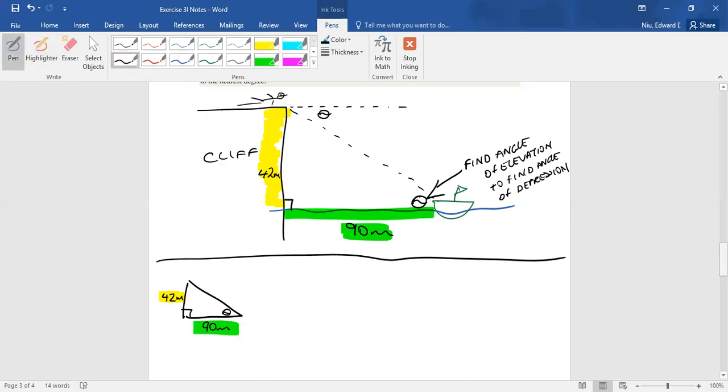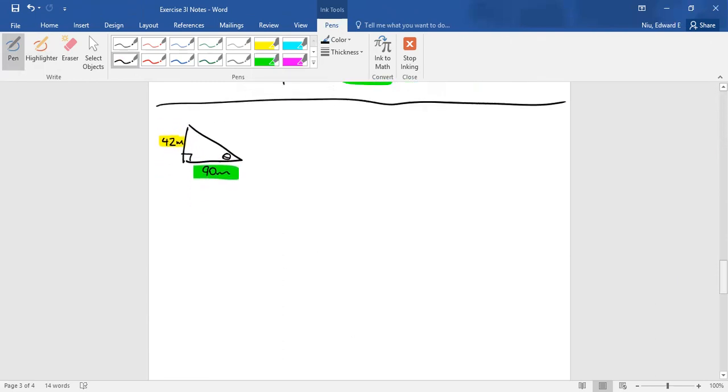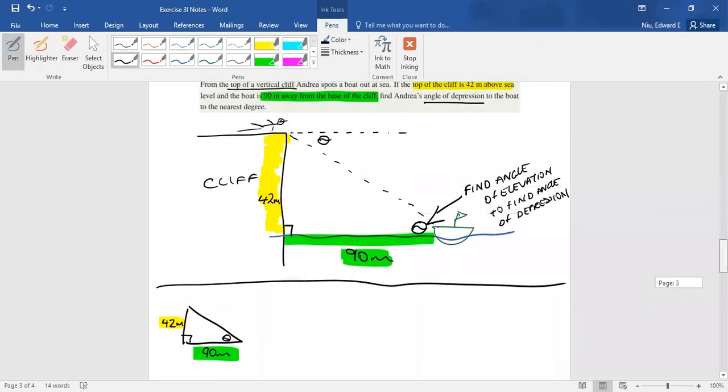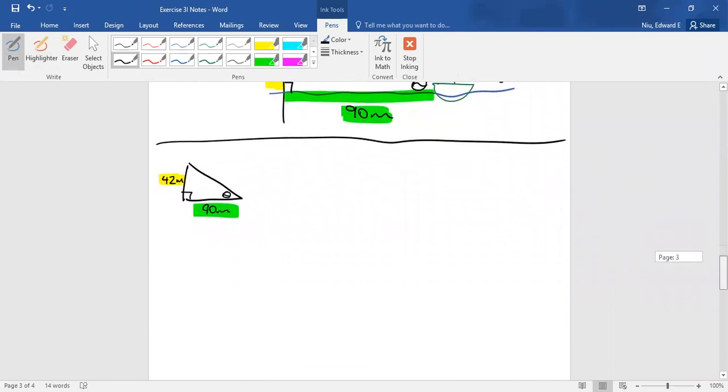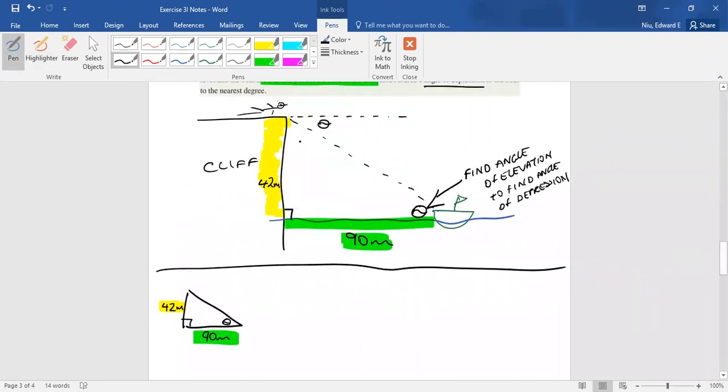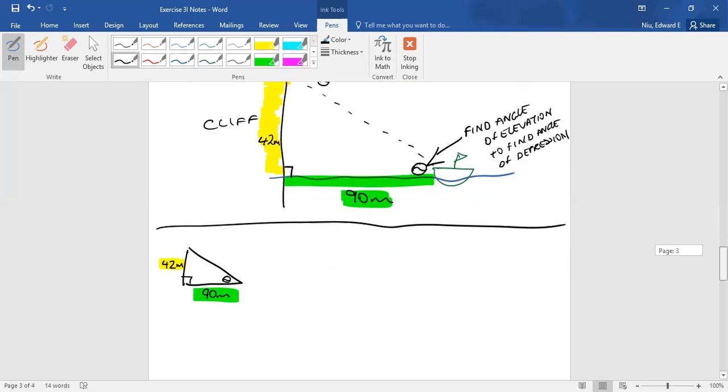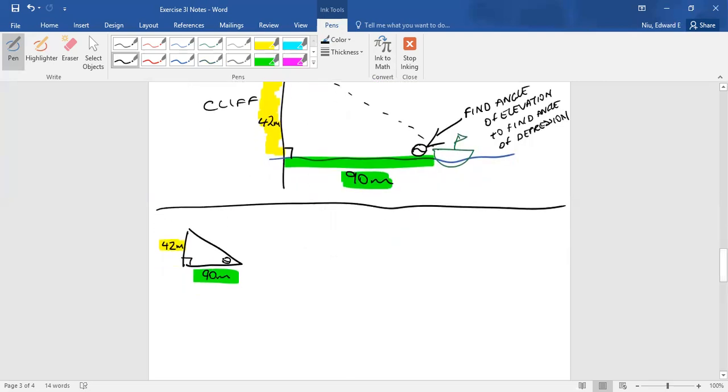Right, so now that we've drawn our 2D triangle from our complicated scenario, hopefully you can see how this triangle here translates to this triangle here. So once again, to find this angle on the inside, which is our angle of elevation, we have to label the given sides. What's the 42 side?